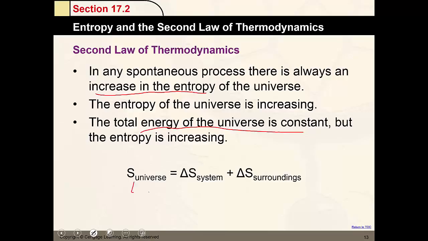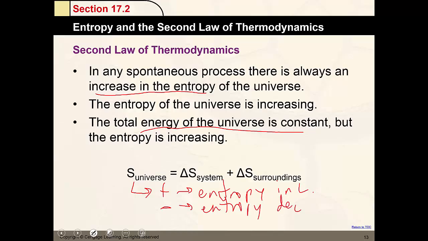Okay, so that means for the entropy of the universe, if that's positive, entropy increases. If it's negative, entropy decreases. And then if the change in entropy of the universe is 0, that means the system is at equilibrium, meaning the reaction has no tendency to occur.